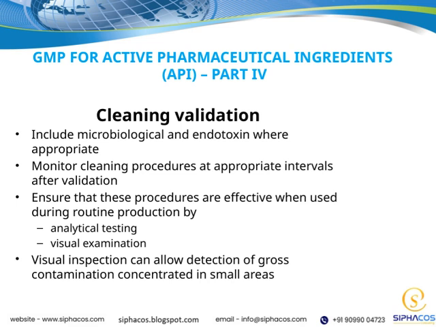This ongoing monitoring confirms that the cleaning process continues to be effective during routine production. We do this through various methods, mainly analytical testing and visual examination. Visual inspection, in particular, can be very useful for detecting gross contamination, especially in small, concentrated areas. It provides a quick and effective way to verify cleanliness visually.